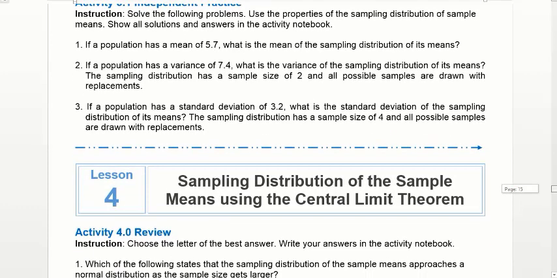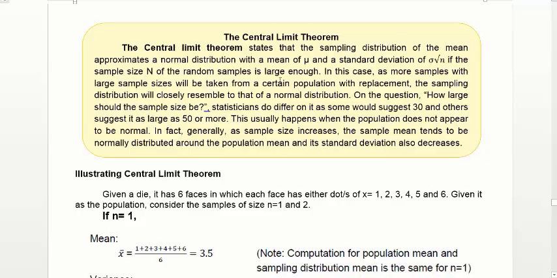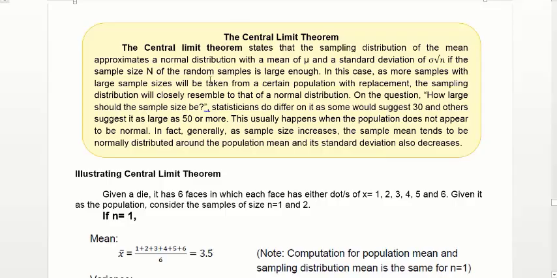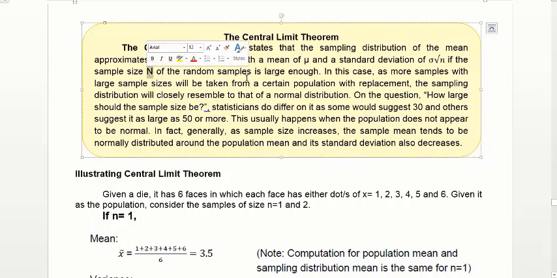Okay? So now, going to the Central Limit Theorem. What is the Central Limit Theorem? What does the Central Limit Theorem want to say? It states that the sampling distribution of the mean approximates a normal distribution with a mean of mu and a standard deviation of sigma over the square root of the sample size, if the sample size n of the random samples, small letter n, is large enough.